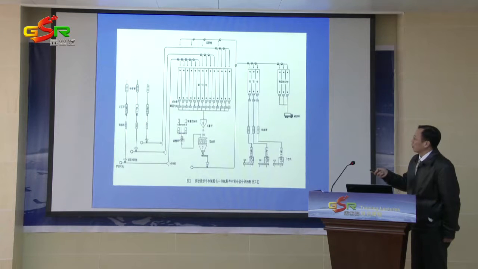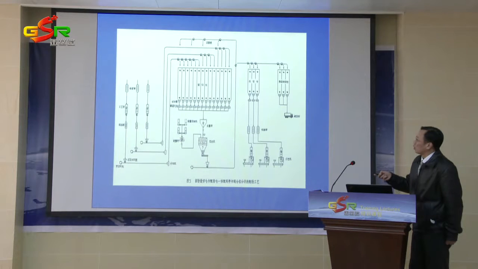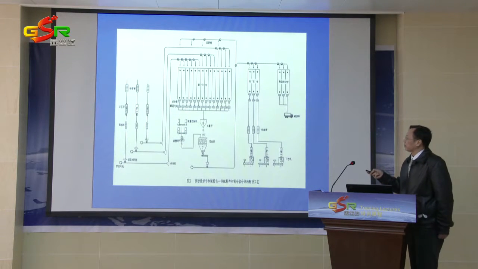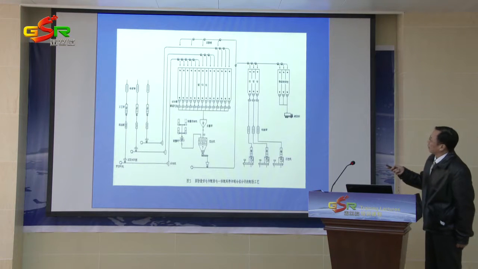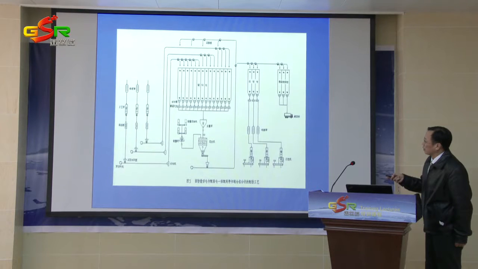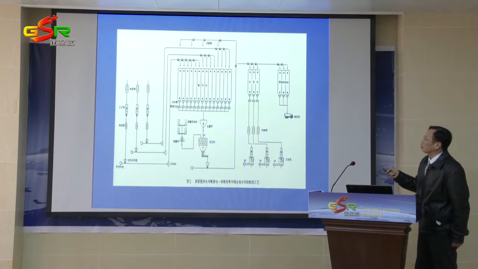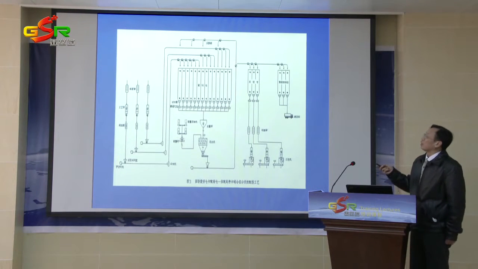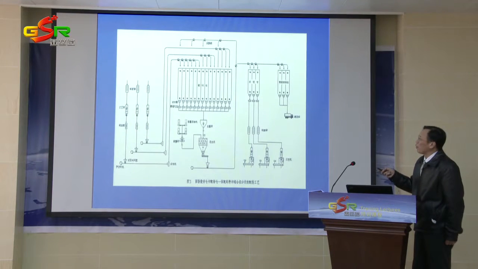Using this processing, and the storage, we can use the weight measurement to mix the flour from the different systems to get different special flour, such as bread flour, noodle flour, cookie flour, and so on.